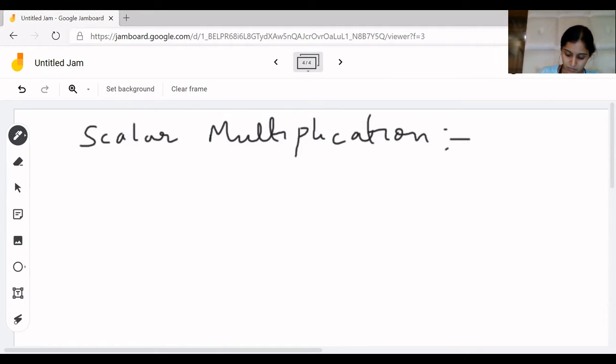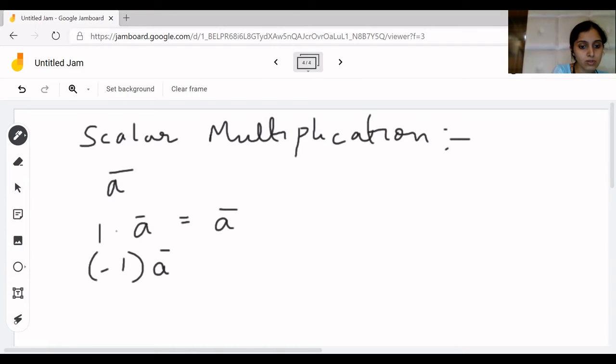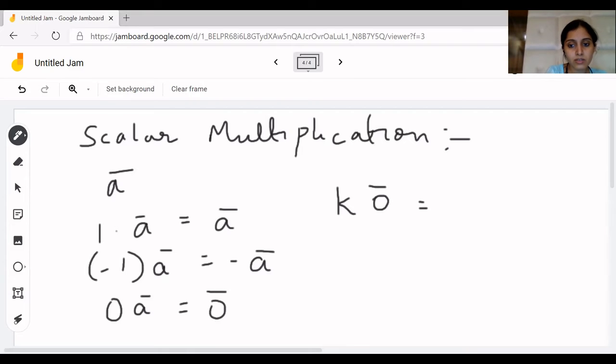Let us say that we have a vector a bar, then 1 into a bar will be equal to a bar, where 1 is a scalar. Again, minus 1 into a bar will be equal to minus a bar, multiplied by a scalar minus 1. 0 into a bar is equal to 0 bar, and k into 0 bar is equal to 0 bar.